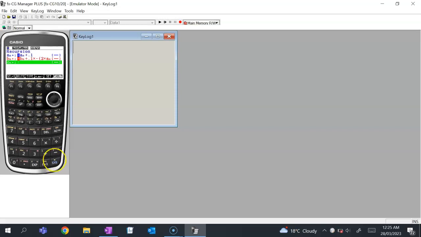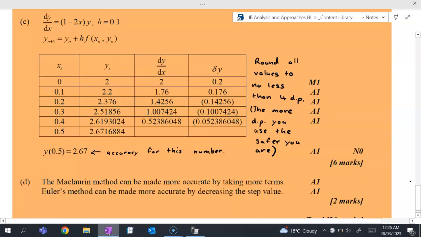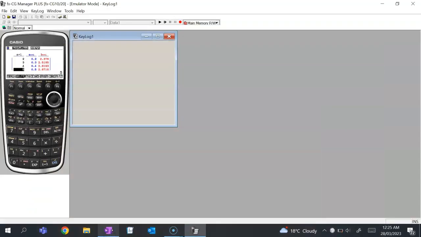So let's try that. End is the number of steps, not the x value. So we go back to the table, step 0, 1, 2, 3, 4, 5, 2.6716, pretty close to what we got, certainly the same to 2 decimal places. And so that's how you can do it on your calculator.